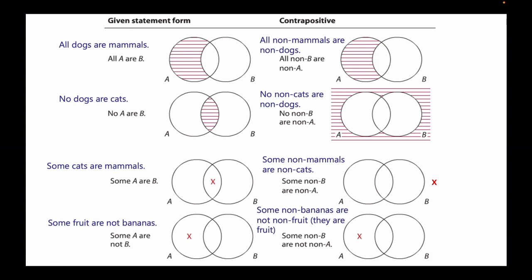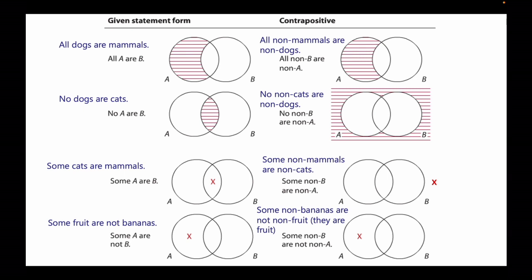Now, here's what gets interesting. In the E form, when I say that no dogs are cats, the contrapositive of the E form would be no non-cats are non-dogs.